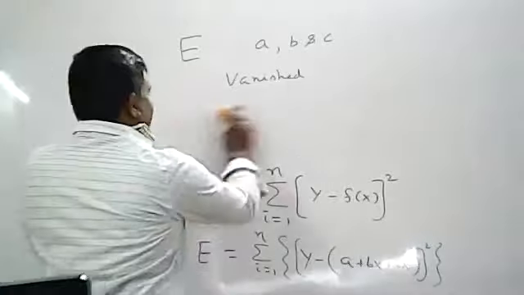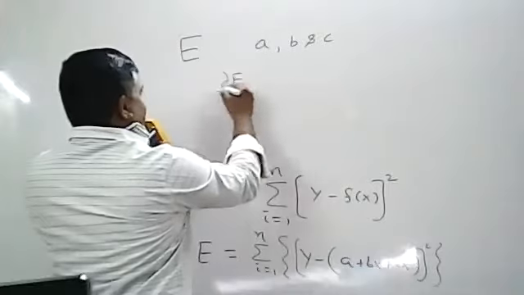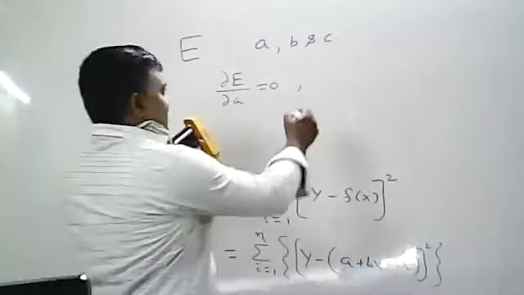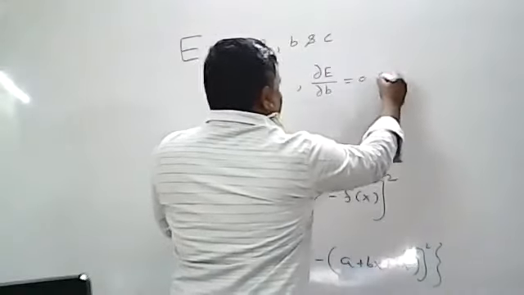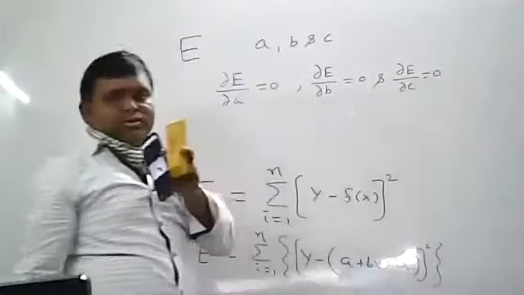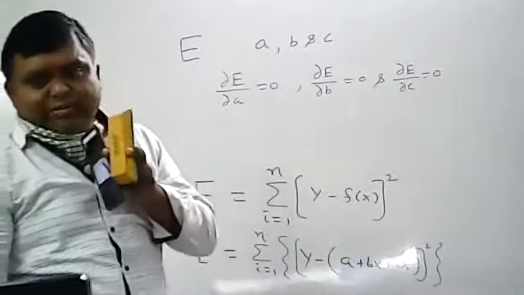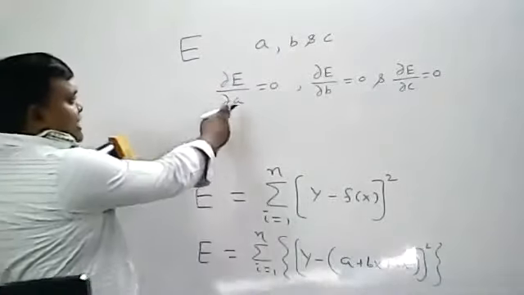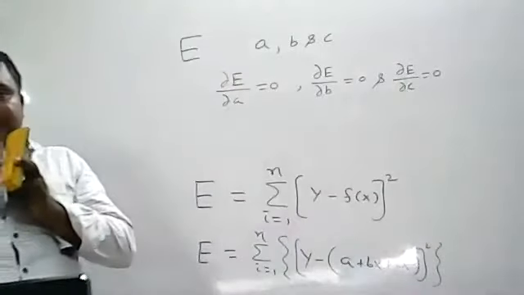That is, dou E by dou A equal to 0, dou E by dou B equal to 0, and dou E by dou C equal to 0, because three constants are there. With respect to each constant you have to partially differentiate E. That means how many normal equations will you get? Three normal equations. So write down: dou E by dou A equal to 0, dou E by dou B equal to 0, dou E by dou C equal to 0.